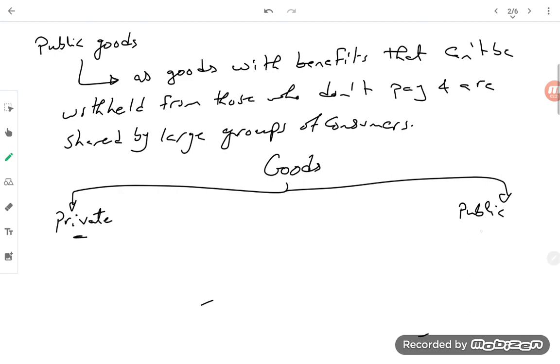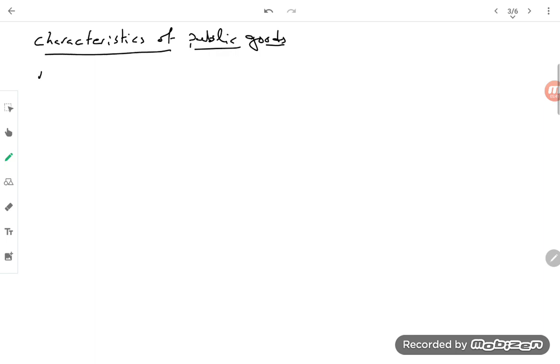What are the main characteristics of public goods and private goods? Number one, public goods are non-rival in consumption.